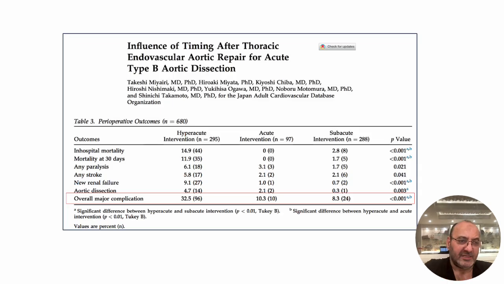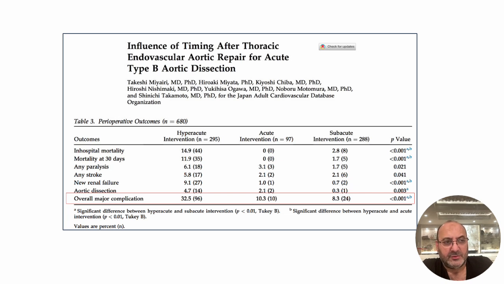The timing. There are a lot of recent studies, and I didn't put them here, that talk about when you should actually do TEVAR. Almost every study I looked into did not recommend doing TEVAR in the hyperacute stage unless you have to. So if you have acute malperfusion or rupture, then you're stuck, you have to do it. But as far as the subacute and acute stages, there's more risk in the acute stage.